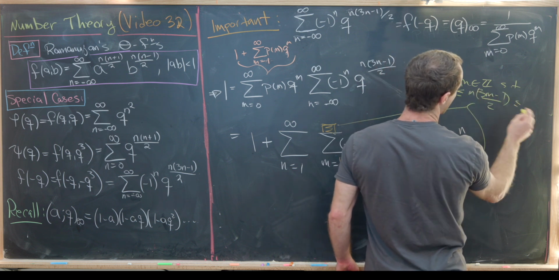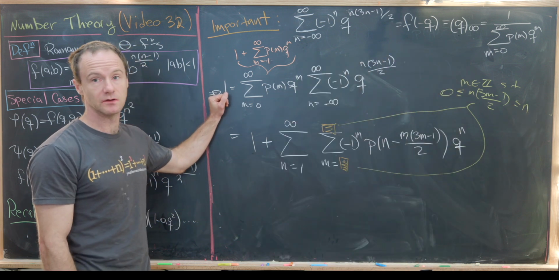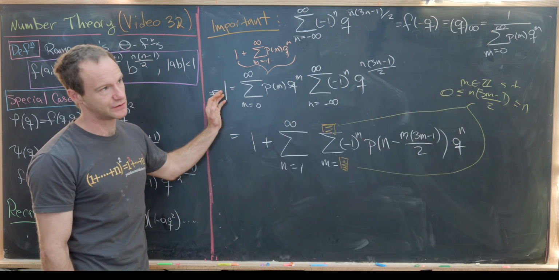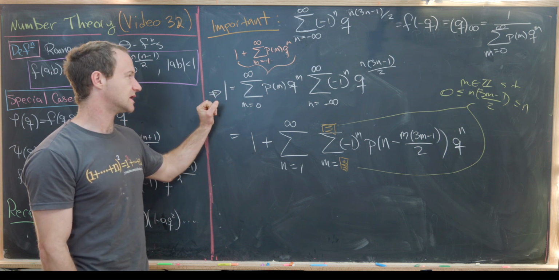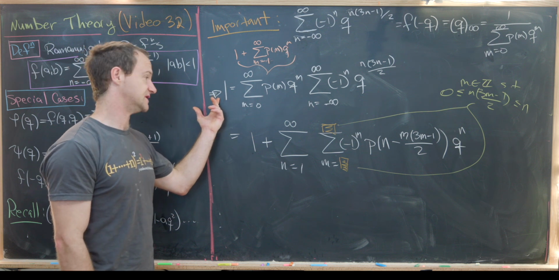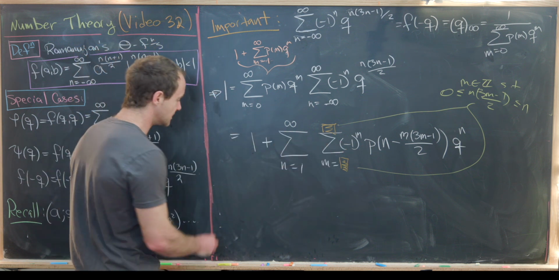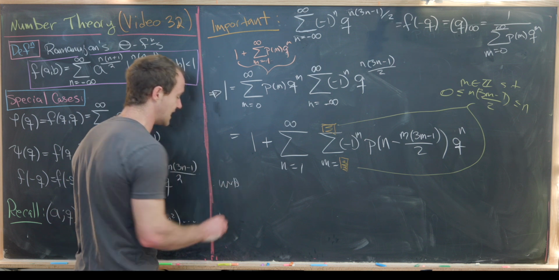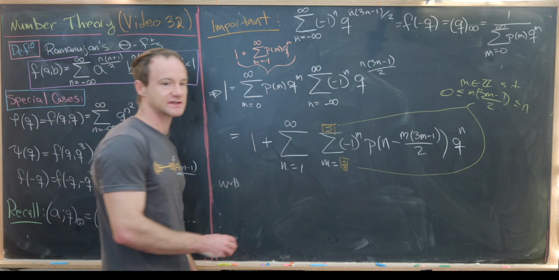Let's notice on the left-hand side, there's no q. There's just 1 plus 0 times q to the 1 plus 0 times q squared, and so on and so forth. So every non-zero power of q has a coefficient of 0. That means the same thing must hold over on the right-hand side. So extracting the nth power of q from both sides of this equation will give us the following.